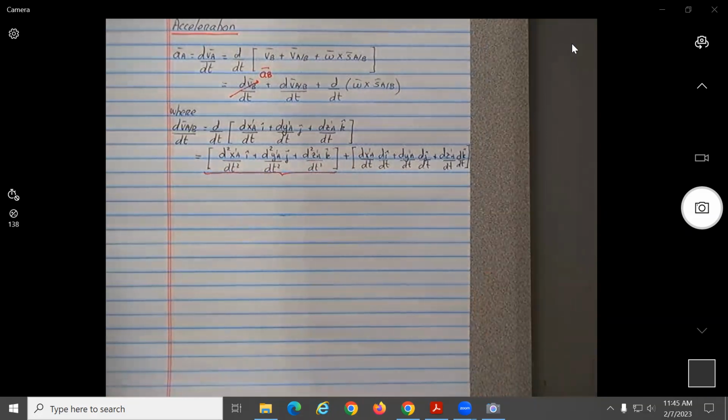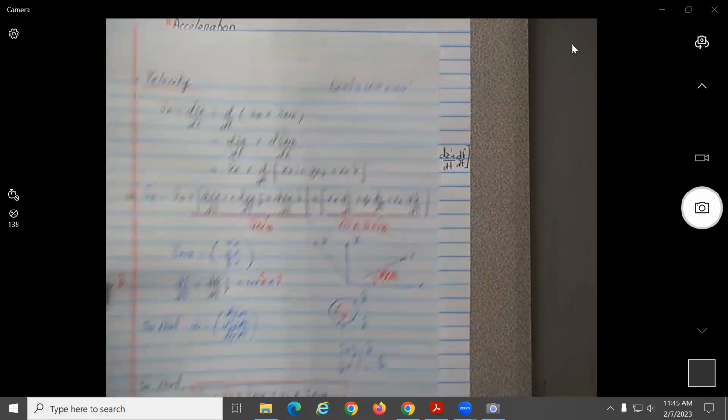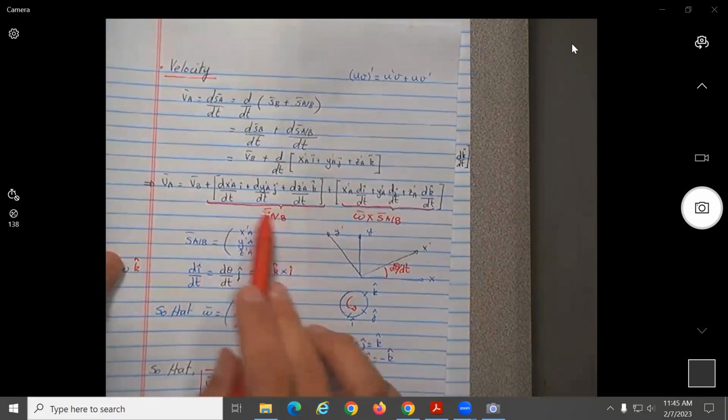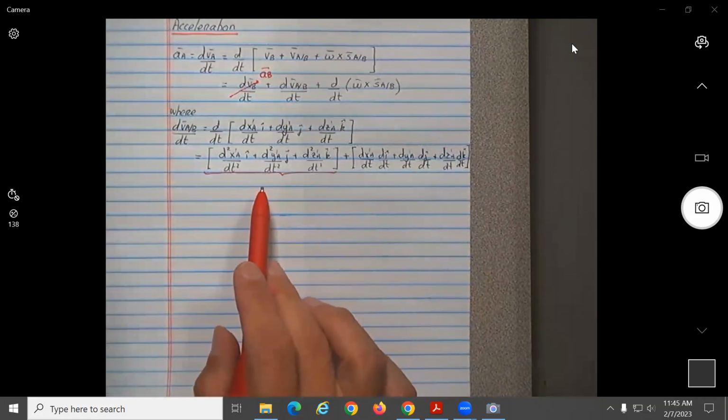Okay, what is the physical meaning of this term? If you look at the definition before, this term is equivalent to that one, but instead of velocities, what do we have? Acceleration.